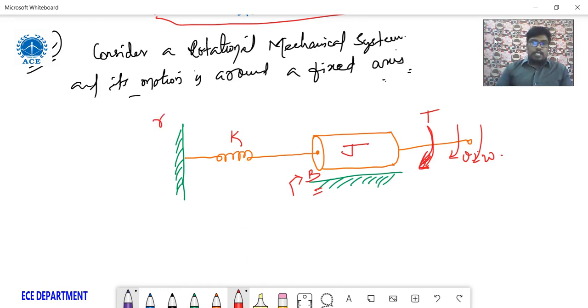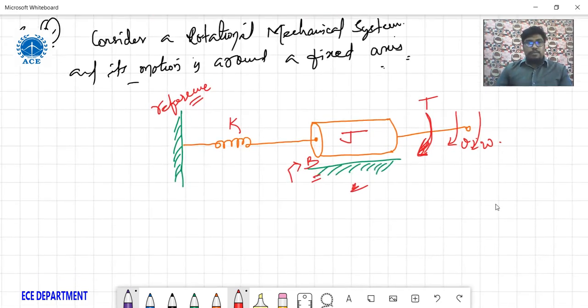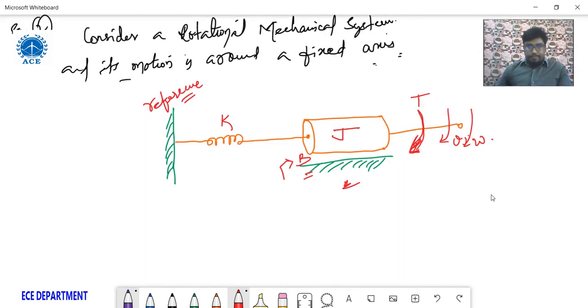As you know, this is a reference, and this is also a reference. So for this one we need to write torque equations using D'Alembert's principle.